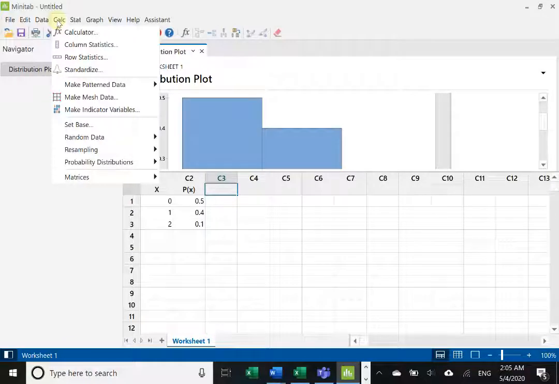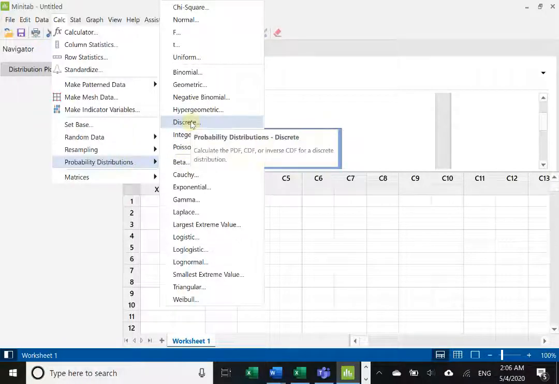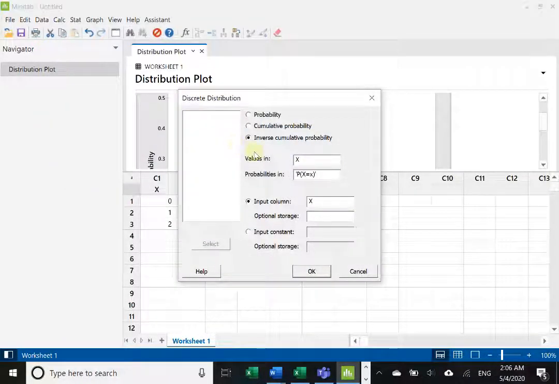If you go to calc and you go to probability distributions, here you see a whole distinguished list of well-known probability distributions. I'm going to go to discrete here. And when you go in first in Minitab, these should be empty, right?